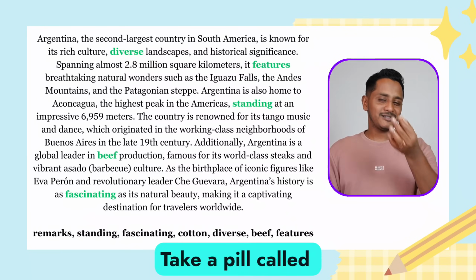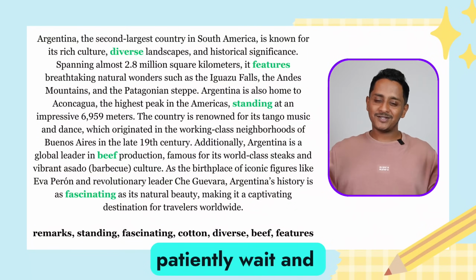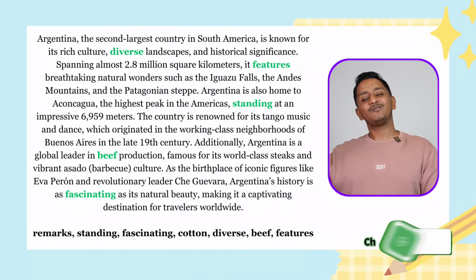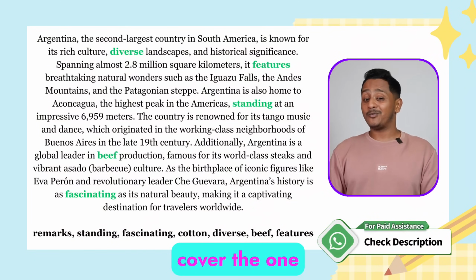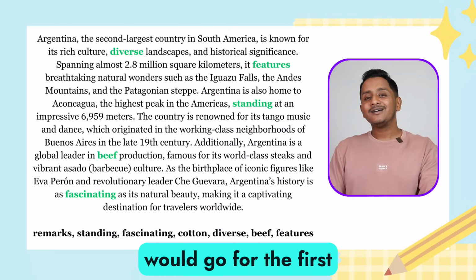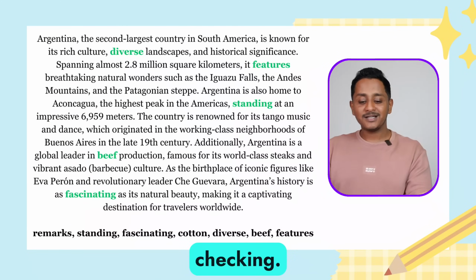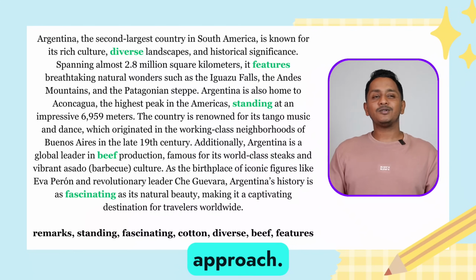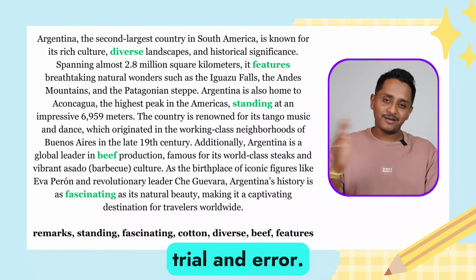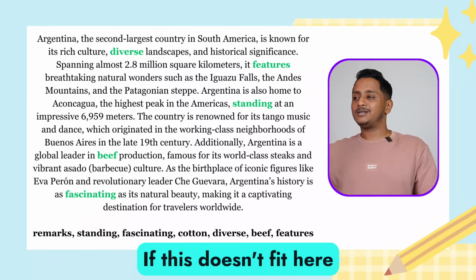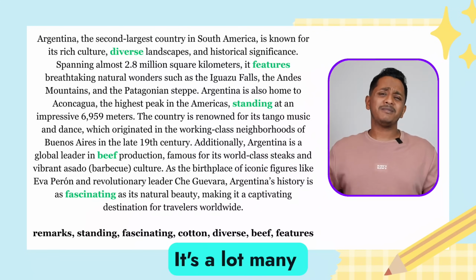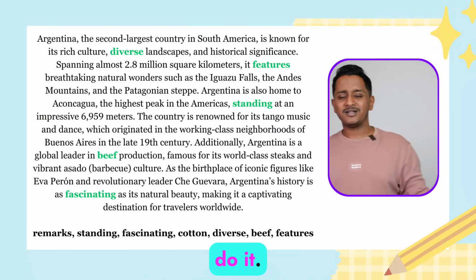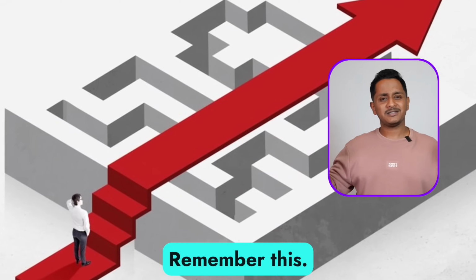Take a pill called patience and patiently wait, and then go down, one of the blanks would automatically cover the one that you thought would go. For the first one, when you come to the fifth blank, you're checking, oh, fascinating is fitting the fifth one, first one, let me delete. So this is the approach. You've got to do this trial and error. If this doesn't fit here, this will fit. If this doesn't fit here, it will fit. It's a lot of calculations and you should be ready to do it. There is no shortcut here, remember this.